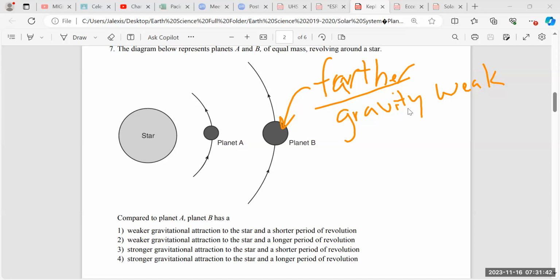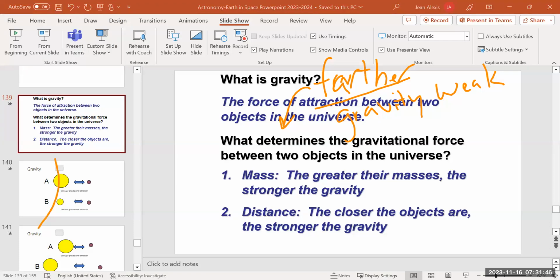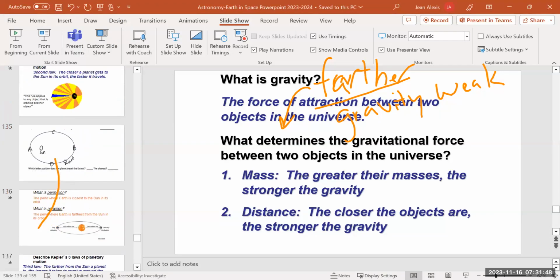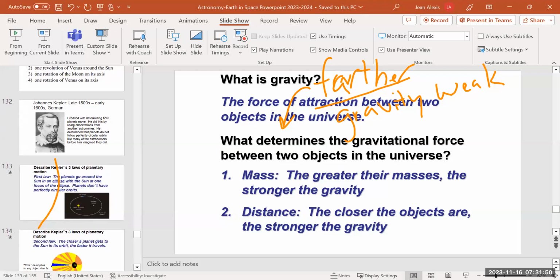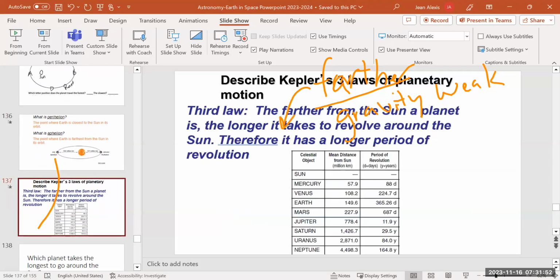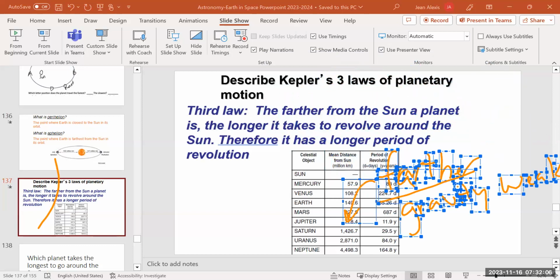Well, if we take a look at our notes, we're going to look at Kepler's third law. And so it states it right here. Let me see if I can move this stuff away. Hold on, sorry. Let's see if I can just move this side.